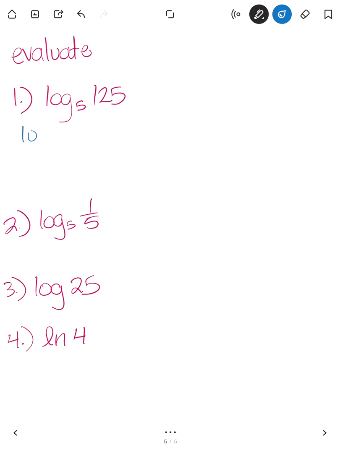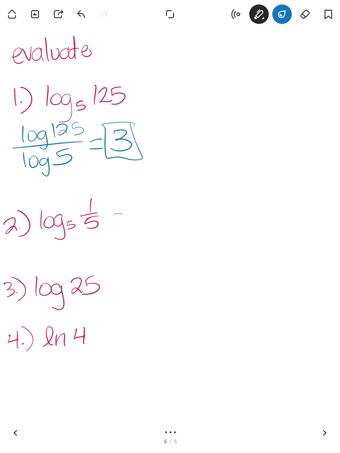So we have log of the number, which is 125, divided by log of the base, which is 5. You type it in your handy dandy calculator. So 125 log divided by 5 log. Should get a nice pretty number of 3. And it's as easy as that.